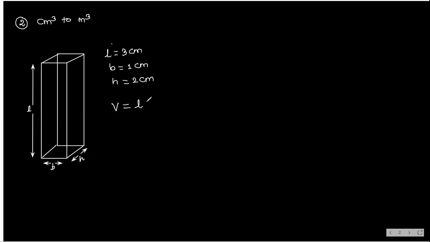Volume V is equal to L into B into H. So this is equal to 3 centimeter into 1 centimeter into 2 centimeter. So V is equal to how much? 6 centimeter cube.